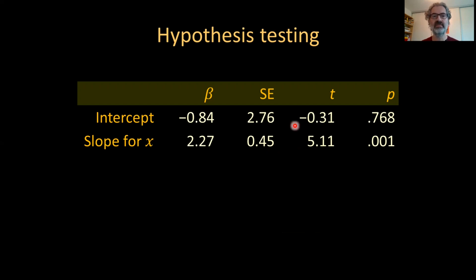So this is the t for the intercept, and the null hypothesis is that the intercept is 0. And this is a t for the test of the hypothesis that the slope is not 0. The null hypothesis for the slope is that the slope is equal to 0.